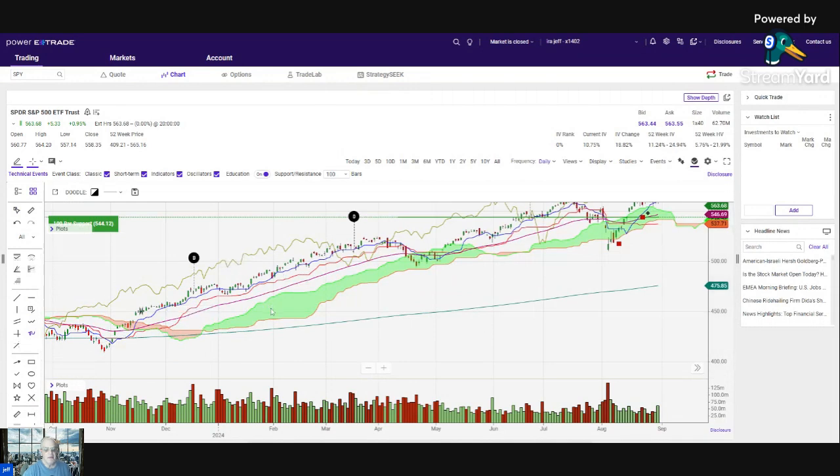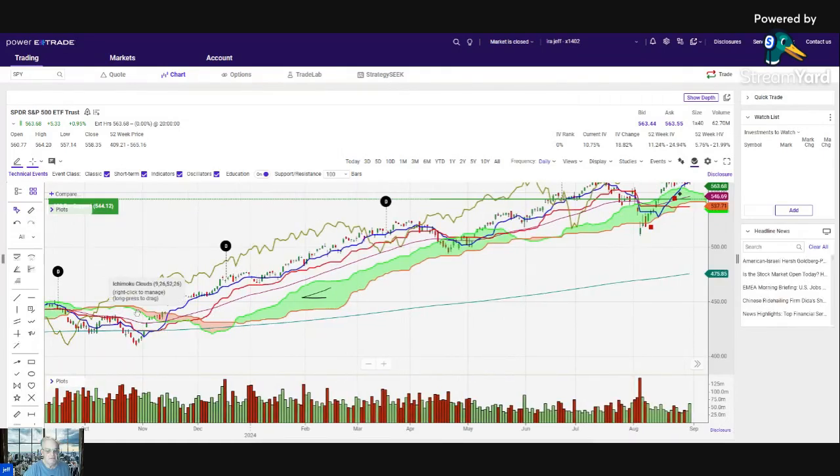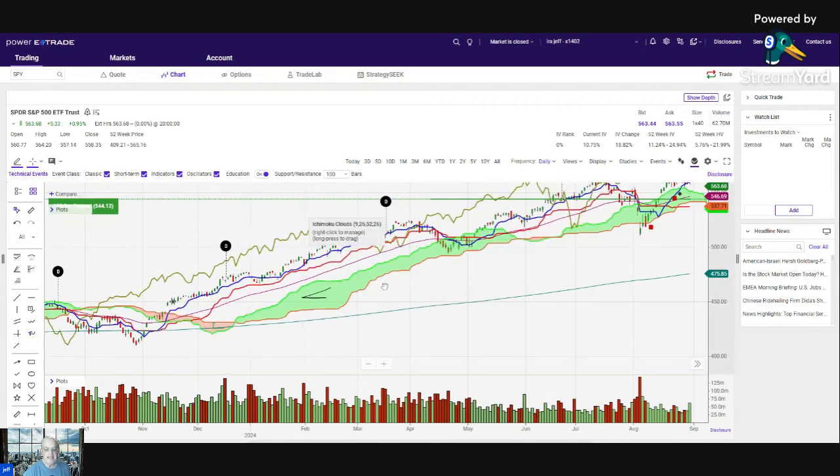Okay, here's one. Here's the green cloud, a red cloud, here is the baseline. The red is the baseline. The blue is the conversion line.